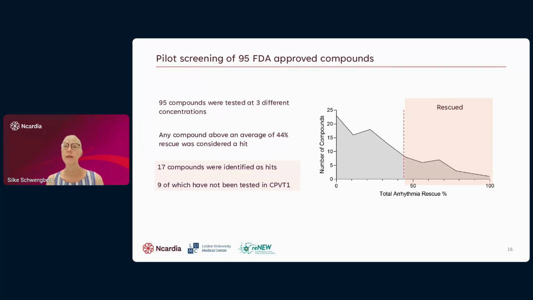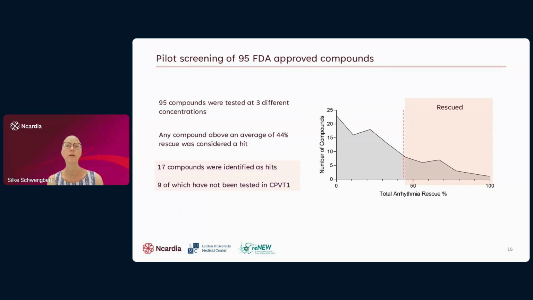The LUMC came up with a rescue score, and everything above an average of 44% rescue was considered a hit in this screen. And out of these 95 compounds that were initially tested at 3 different concentrations, 17 compounds were identified as a hit. And 9 of these compounds have not been tested in CPVT1 patients so far.